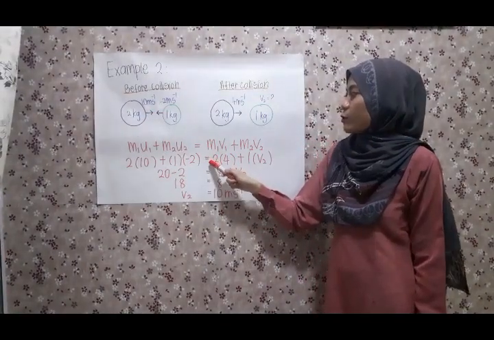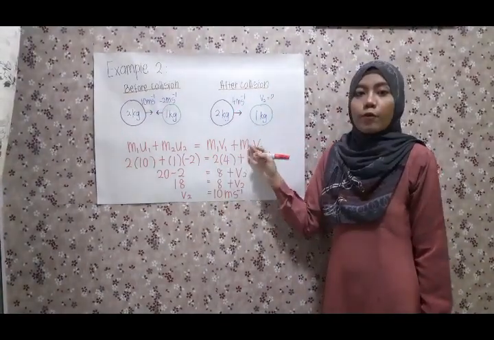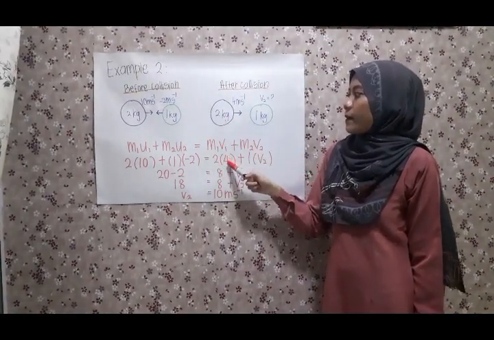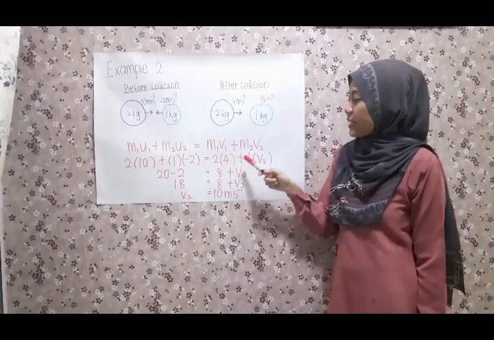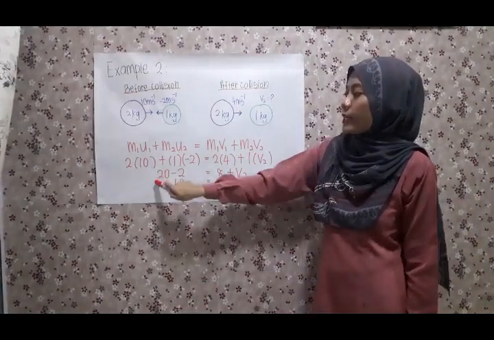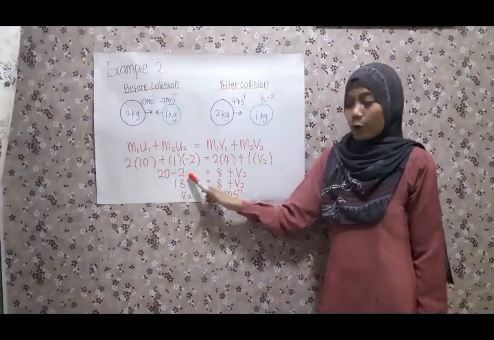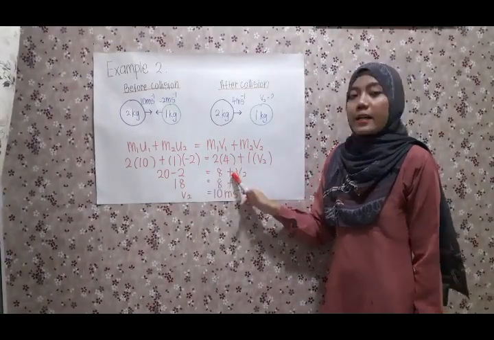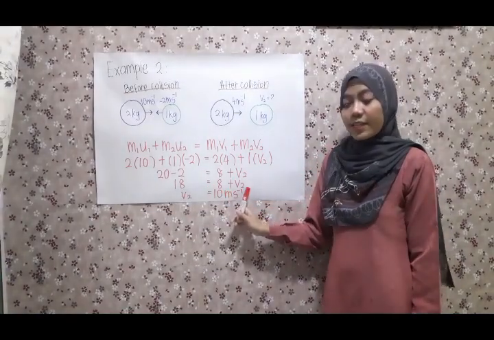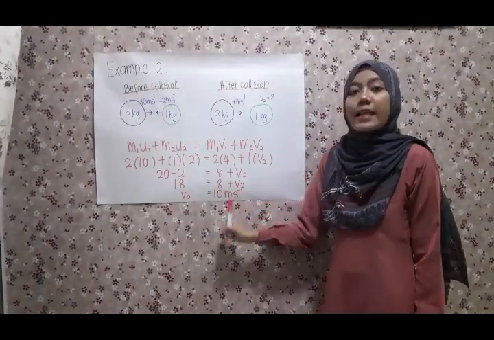This equals the total momentum after collision, which is 2 kg times 4 meters per second plus 1 kg times v2. So we got 20 plus negative 2 equal to 8 plus v2, and we have 18 equal to 8 plus v2. So v2 is 10 meters per second.